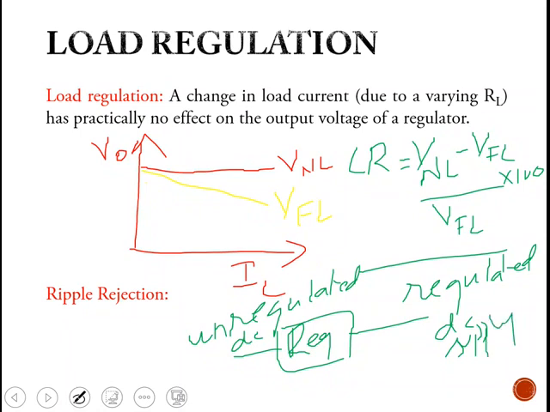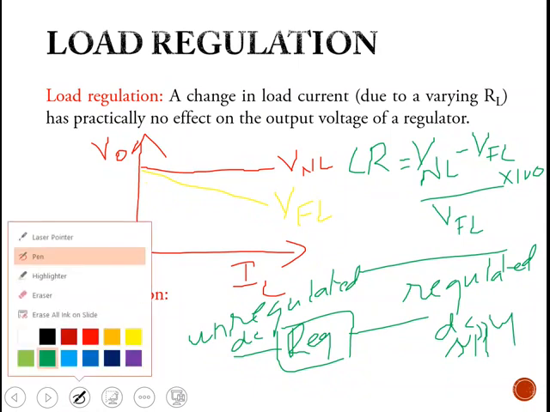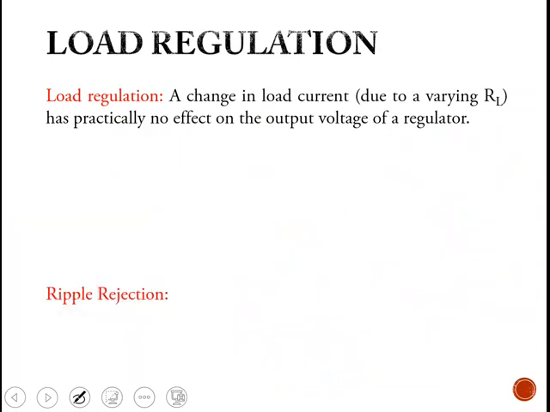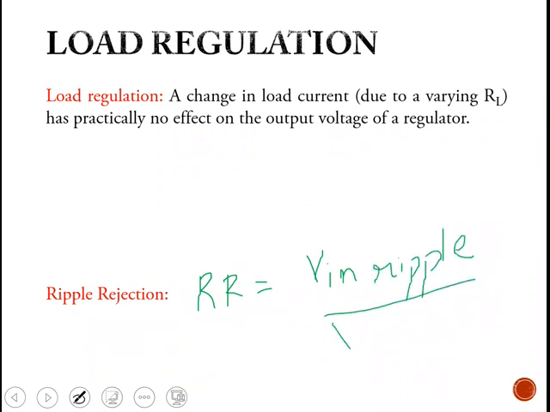So the ripple rejection can be written as RR equal to V input ripple divided by output ripple. So ripple in the input divided by ripple in the output.